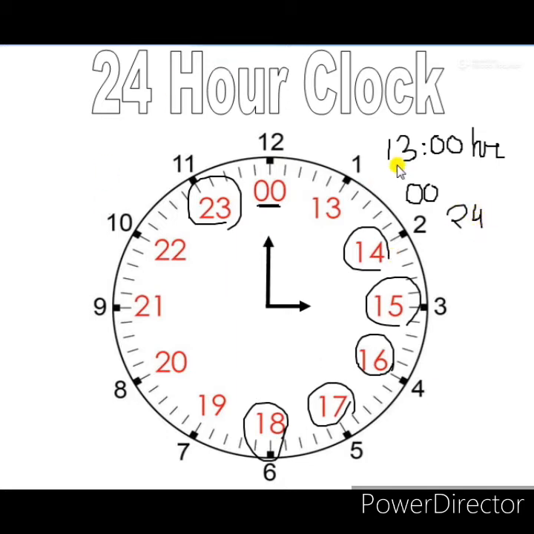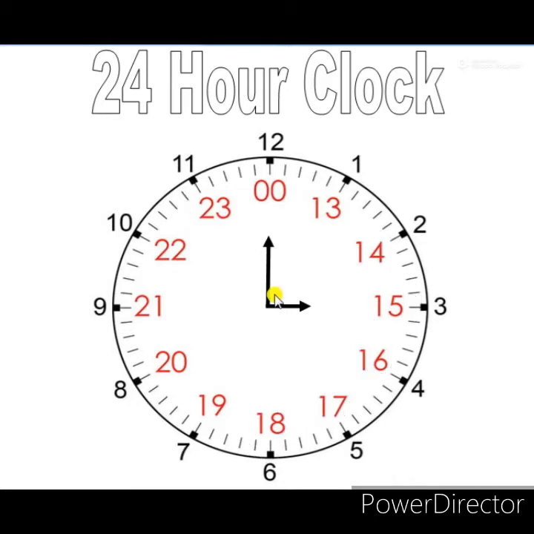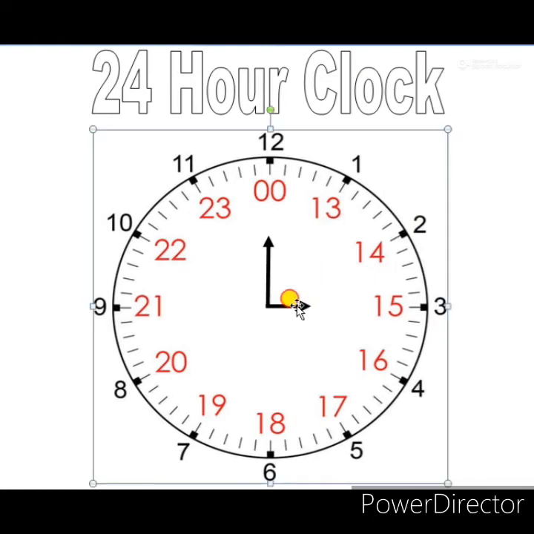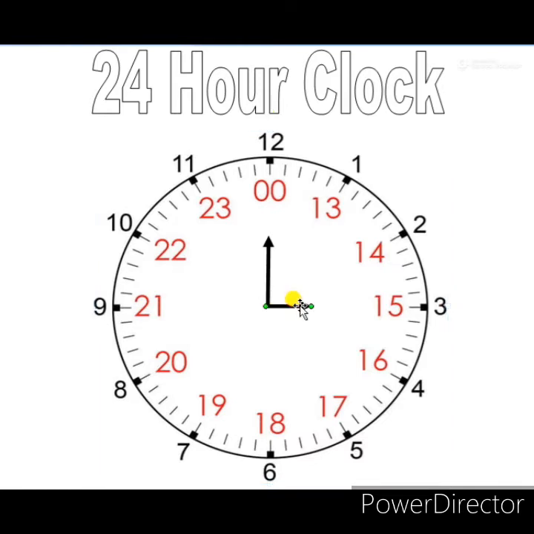To find the time on the 24-hour clock from the 12-hour clock, students, there is only one way. Take the time of the 12-hour clock. Suppose our time is 2 o'clock in the afternoon. Along with that 2, you add 12 hours, because half of the day is completed.